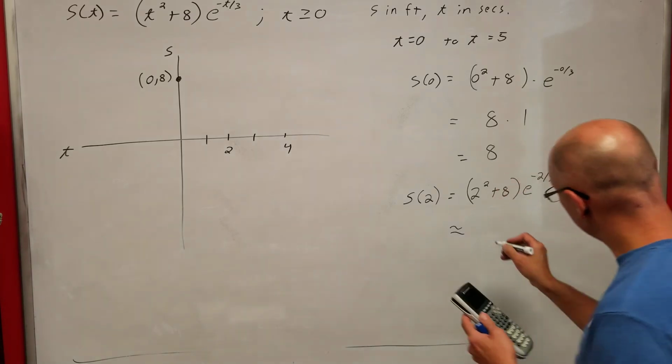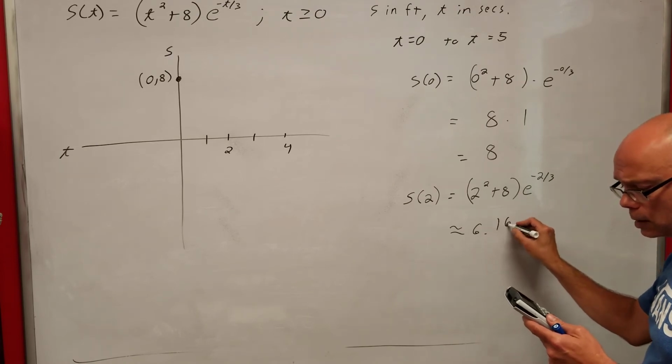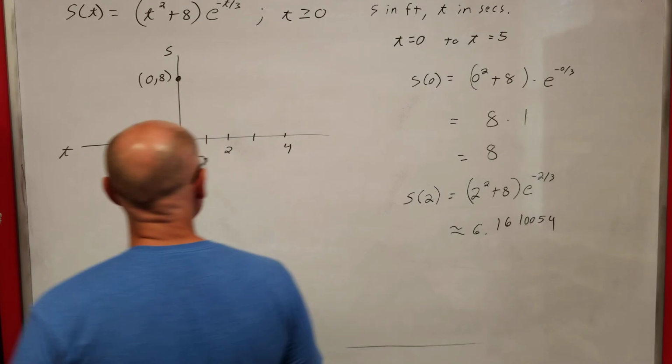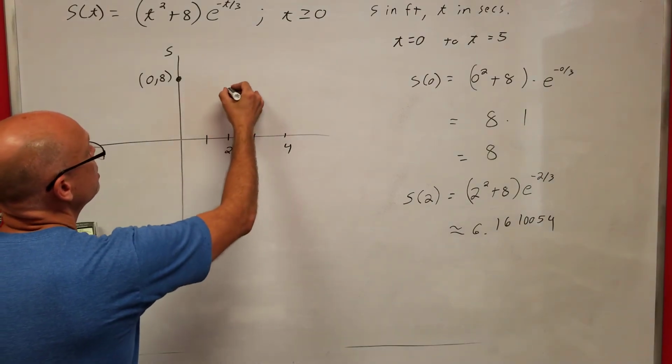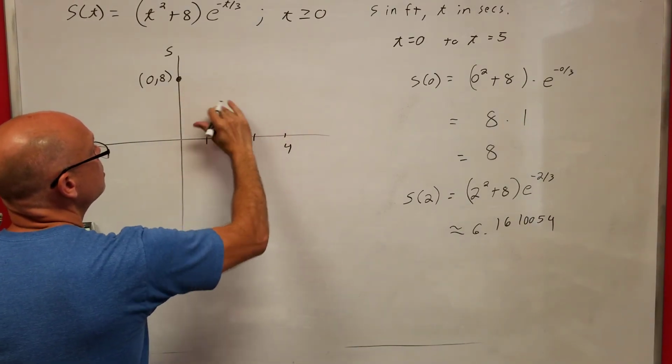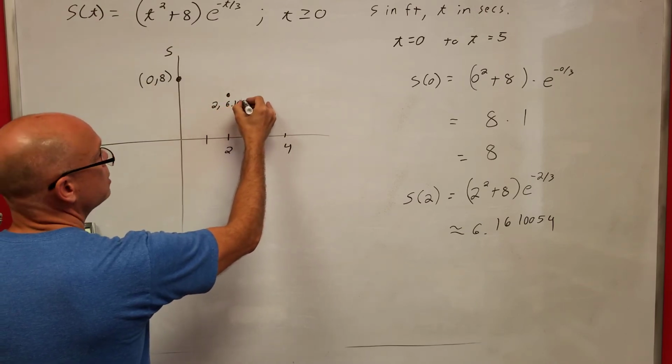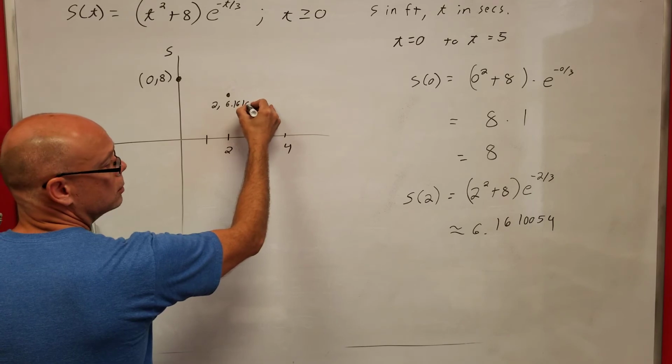I got something like 6.1610054. All right, so at 2, I'm at 6.161, I'm going to say, okay?